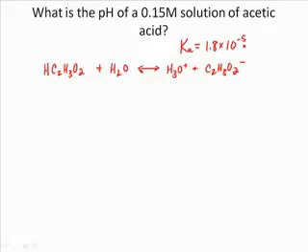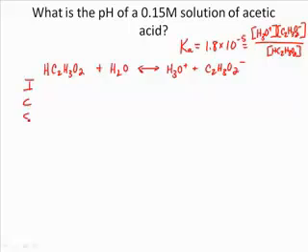So my K value then is going to be equal to... set up our initial concentration is 0.15. We don't care about the water.